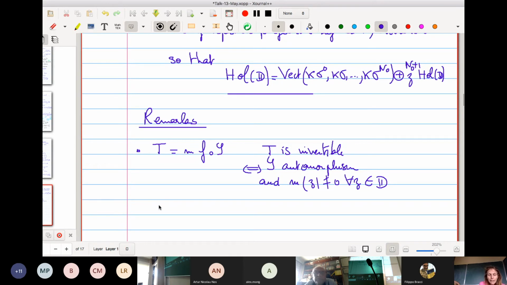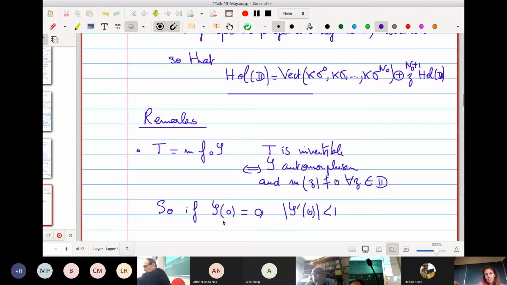So when phi is not a rotation, because we have phi of 0 equal to 0 but we avoid this case, phi is not an automorphism, and so 0 is obviously in the spectrum.